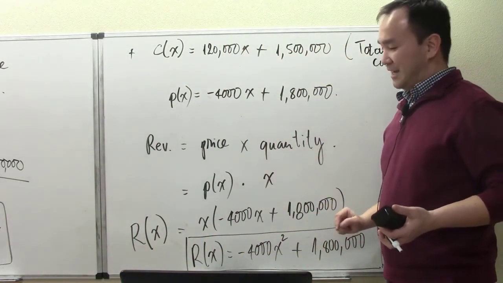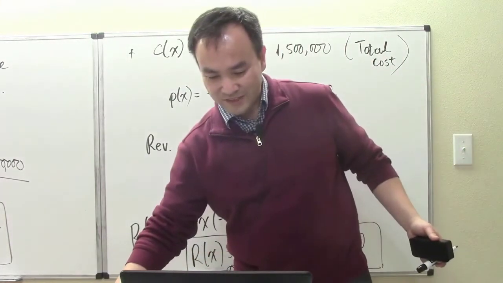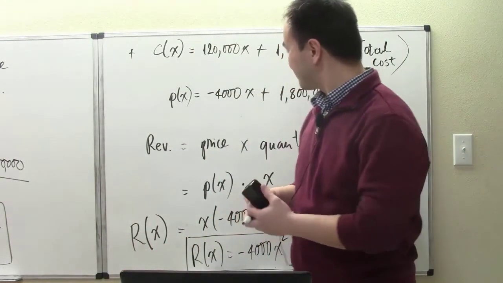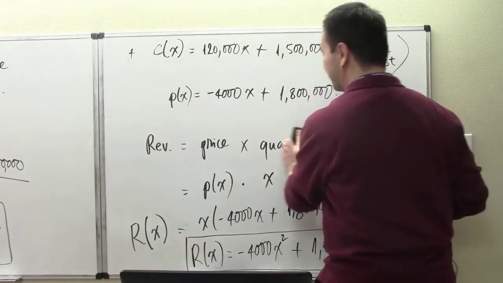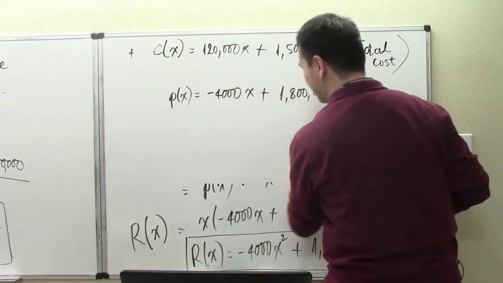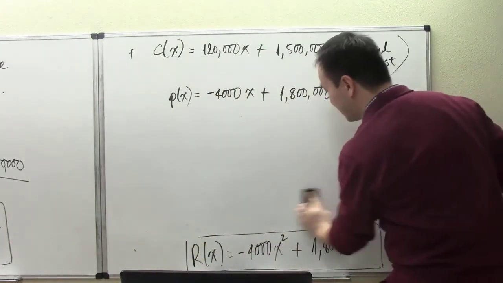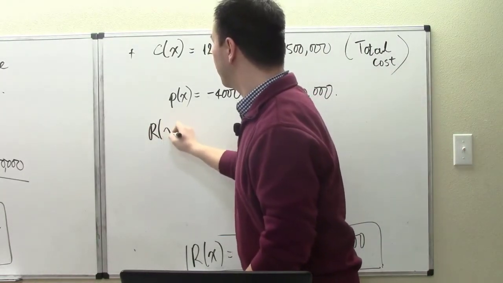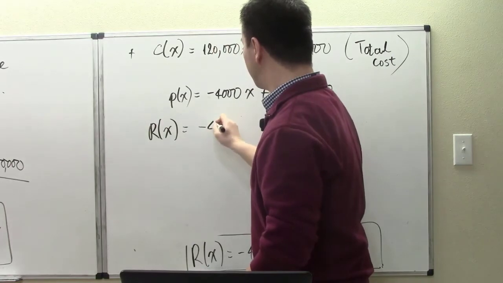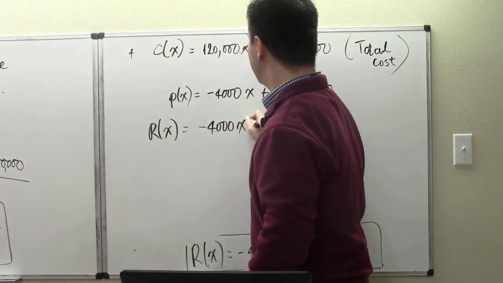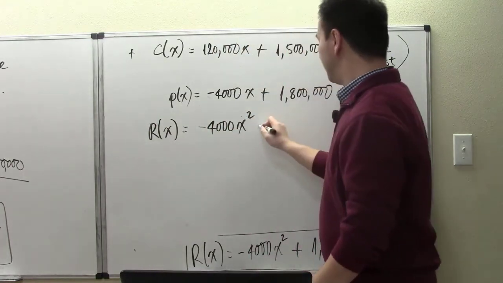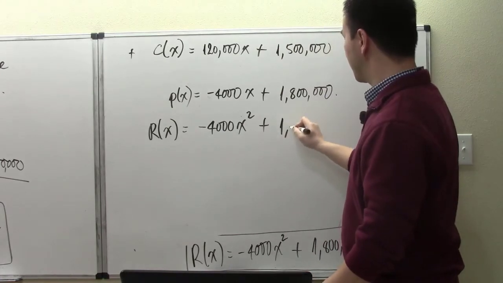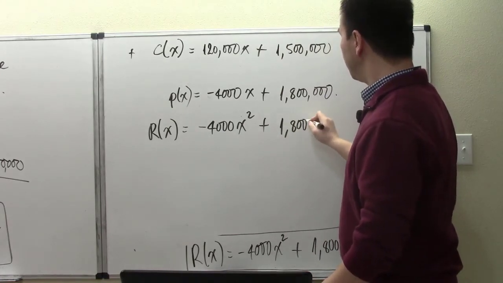And so now, let me rewrite our revenue function. Minus 4,000 x squared plus 1.8 million.